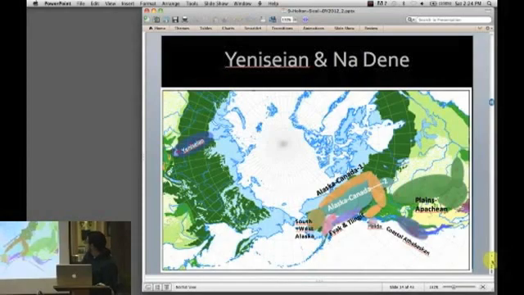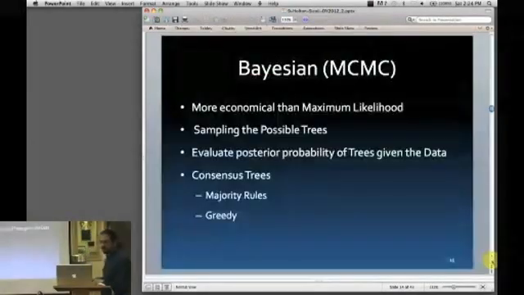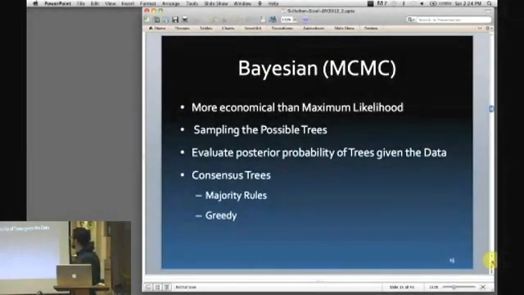This was that first chain from Alaska to Canada that I showed, and this is the second chain, South and West Alaska, and then the Plains Apachean group here. Okay, so that was the NeighborNet.